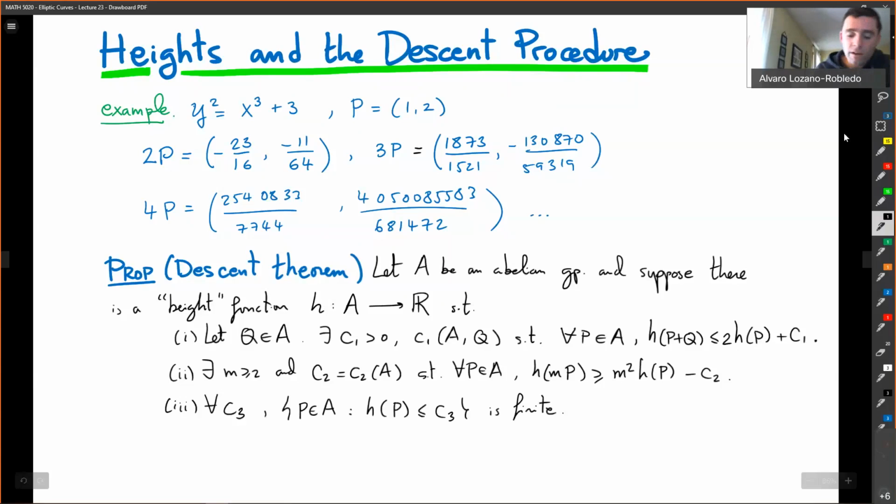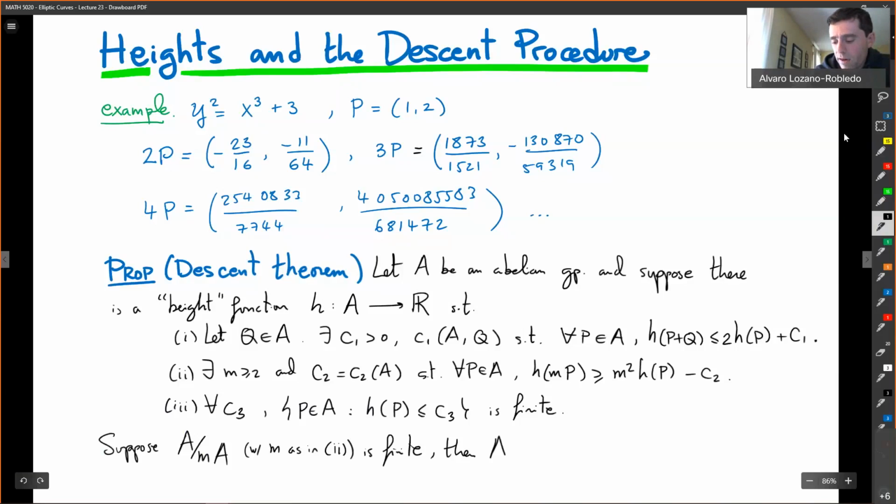Okay. Then if in addition you know that A mod MA, with M as in 2, is finite, then A is finitely generated. Okay.